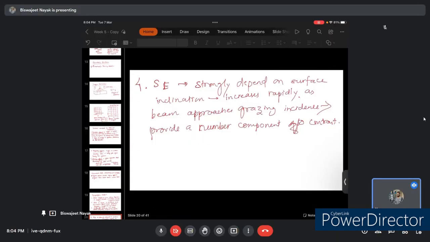Of these detectors, two spectroscopic techniques were discussed, not broadly, just some basic points.